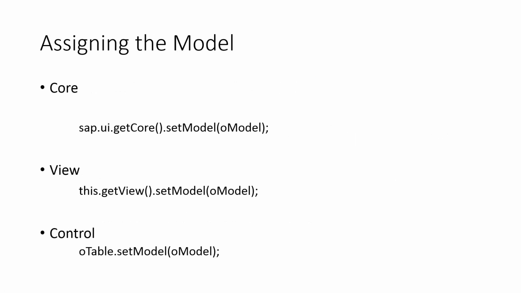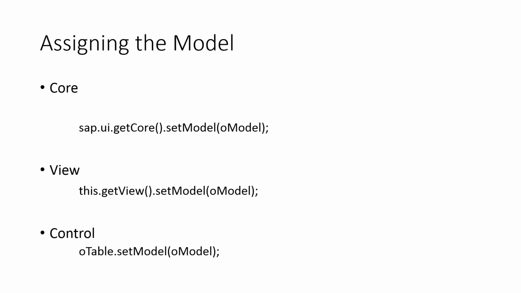By default we can only set one model to an element, a core, or a view. If you want any other model, you can set it through a named model, which requires one more parameter. In this example we are just going to use one model, which is why I haven't used it, but we will do it in a different example.